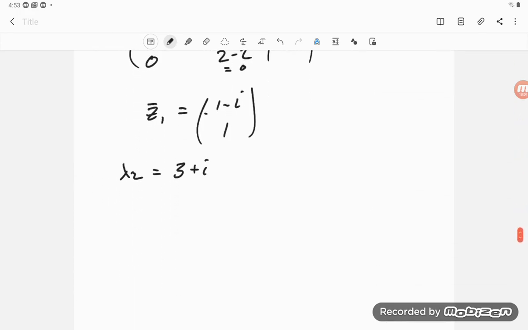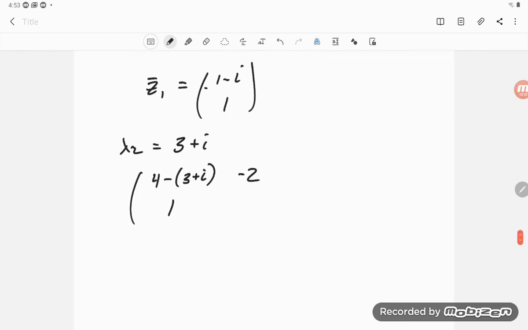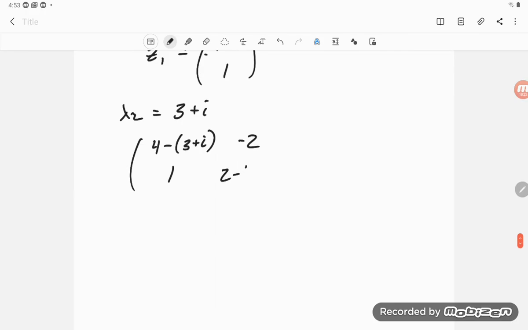And so we have, for our matrix, 4 minus, I'll try to do it correctly this time, a negative 2 there, a 1 there, and a 2 minus 3 plus i, 0 and 0.